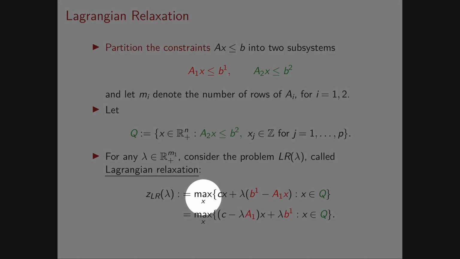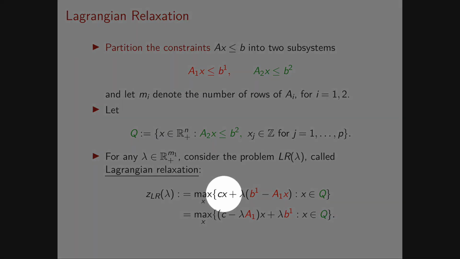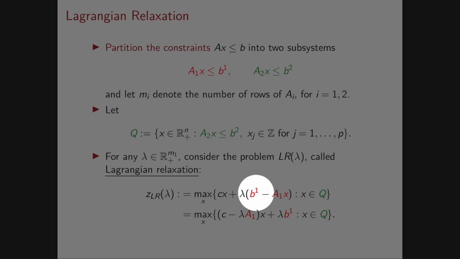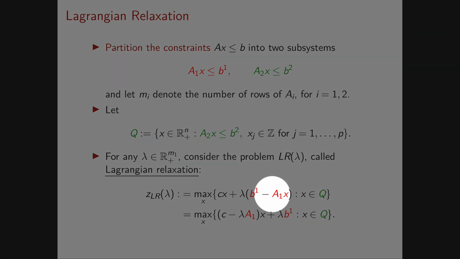You want to maximize over the set Q that we just defined, and your objective function is the original cx, but since in Q we no longer have the red constraints, we are somehow adding those inequalities in the objective function as a penalty. In particular, the objective is then cx plus lambda(b1 minus A1x).